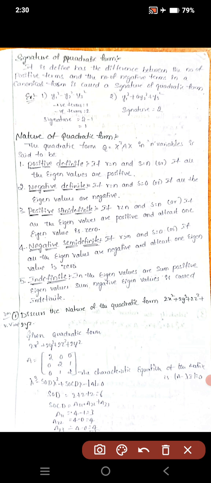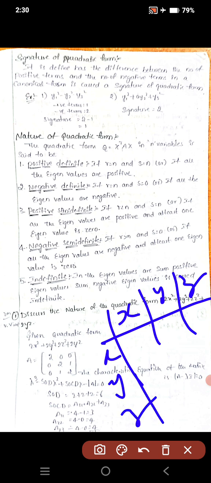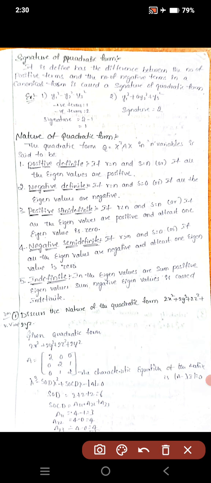Now this quadratic form, how to write it as a matrix, you know very well. I told you before: x y z. Diagonal elements first, always x square, y square, z square. Next xy we have to halve. Like I previously told you how to convert a quadratic form into a symmetric matrix.